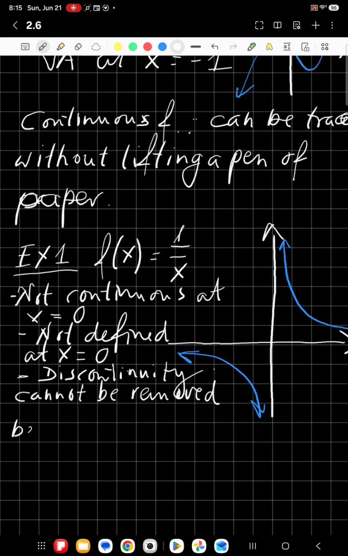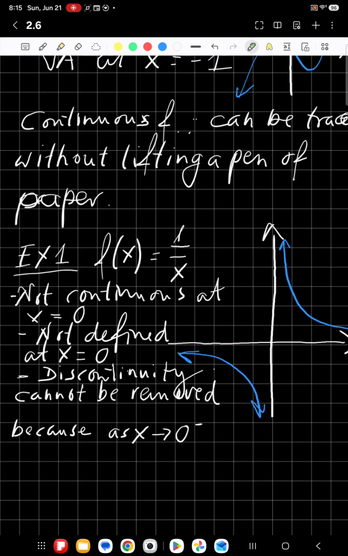So it's because as x is approaching 0 from the left, right? So I'm approaching 0 from the left. So where am I? Right, so we're here. We're going this way, 0 from the left.